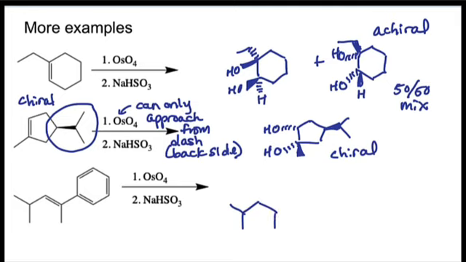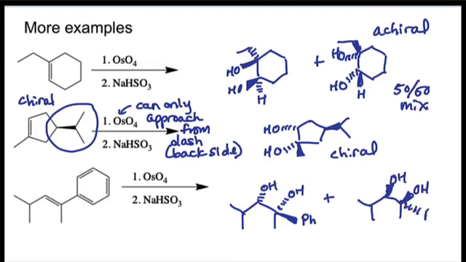And then in the third example here, we can add the two OHs on the dash side, which means the phenyl group over here would be on wedge, but we could also have added those two groups on wedge. Phenyl would be on dash.